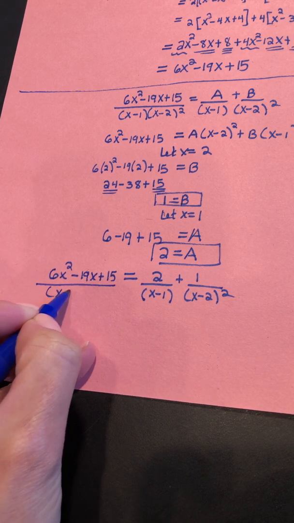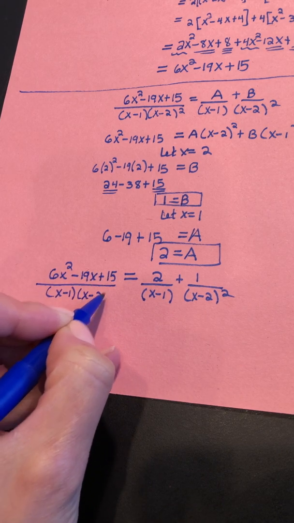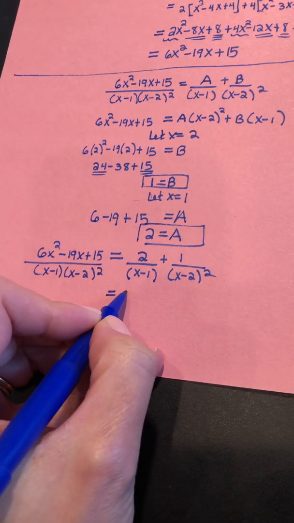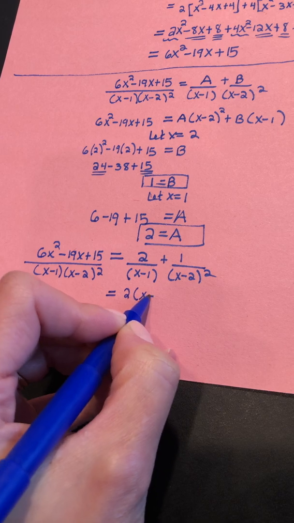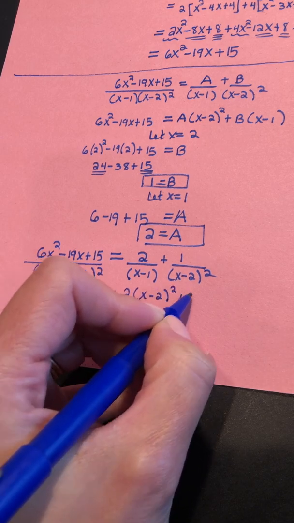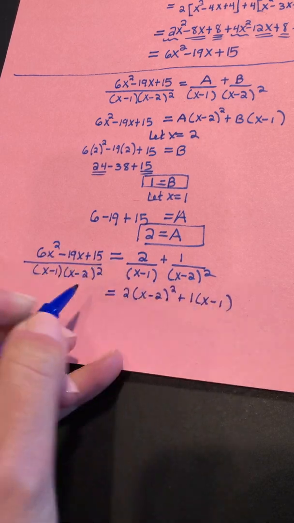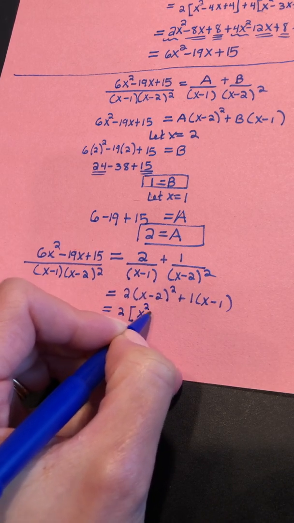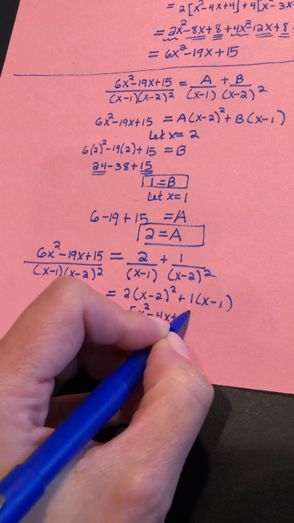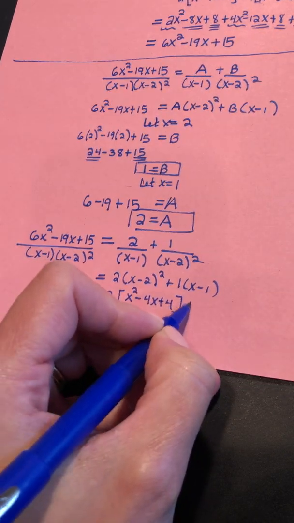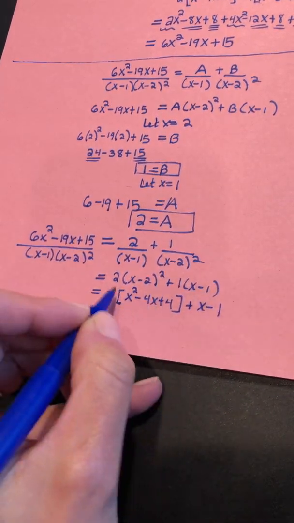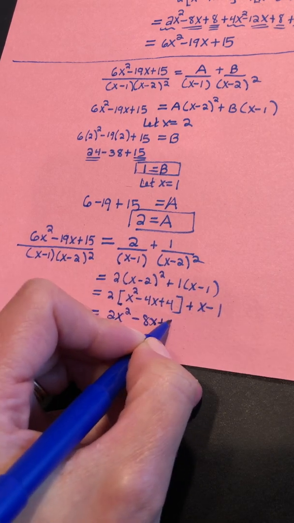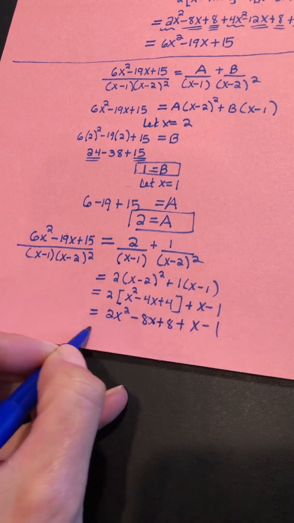I want to do a quick math demonstration to show you that this is not going to work. If I added these together, this would be 2 times the quantity x minus 2 squared plus 1 times x minus 1. Expanding that binomial, this is 2 times x squared minus 4x plus 4, plus x minus 1. Distributing, 2x squared minus 8x plus 8 plus x minus 1.